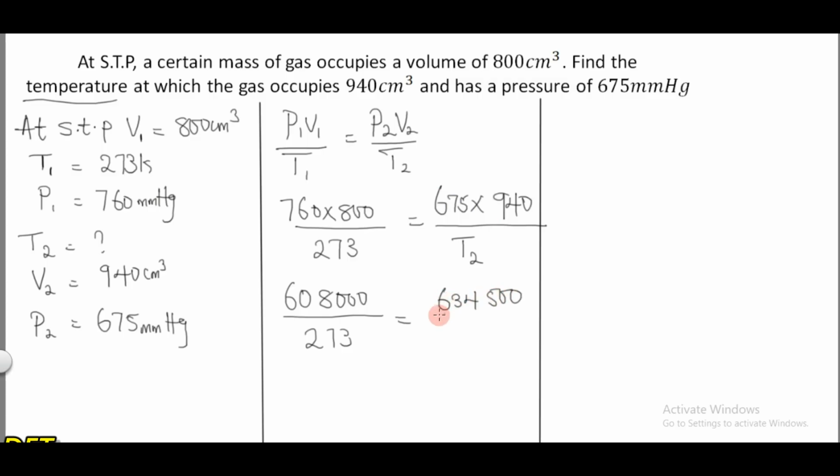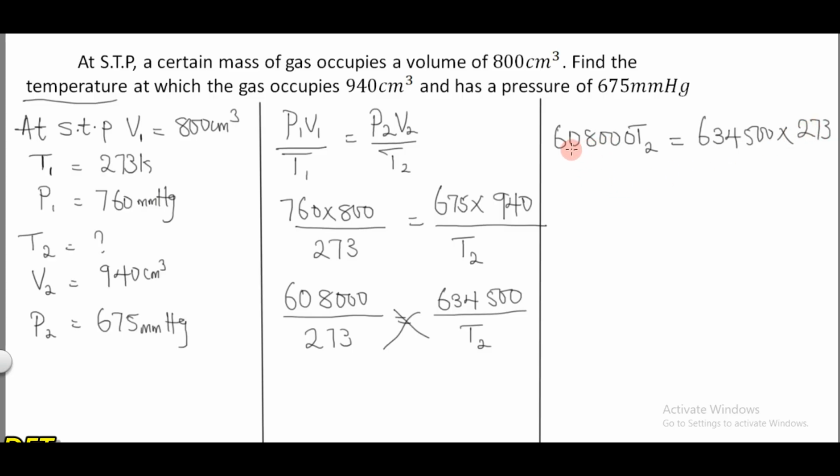The next thing I will do here is to cross multiply. This T2 will multiply this, and this will multiply this. So I would have 608,000 times T2, which gives 608,000 T2, equal to 634,500 times 273.